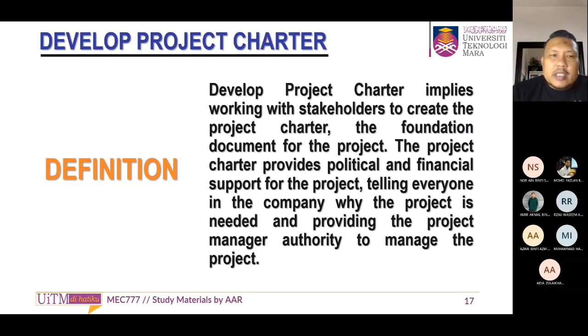All right. The definition of develop the project charter implies working with the stakeholders to create the project charter, the foundation document for the project. The project charter is the foundation, the baseline of the project.